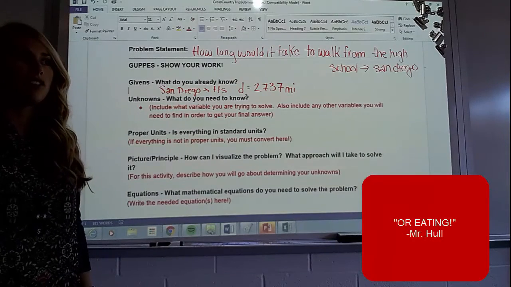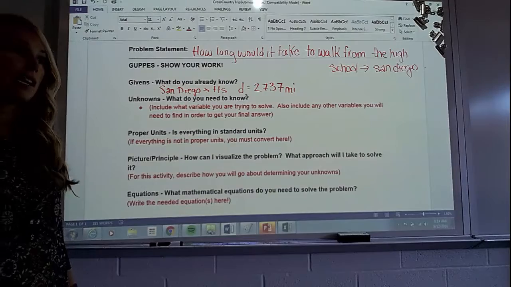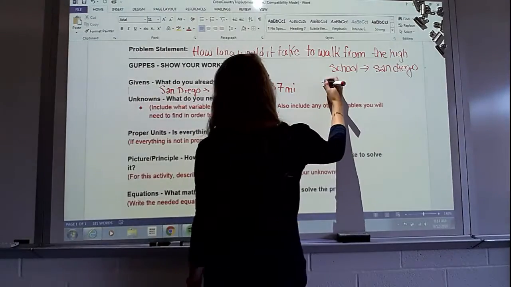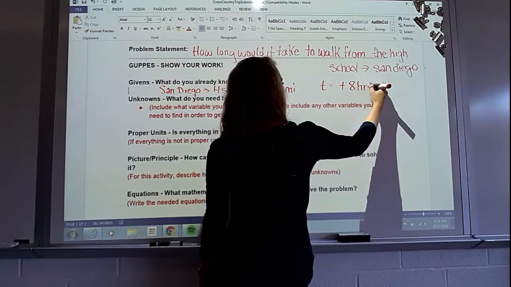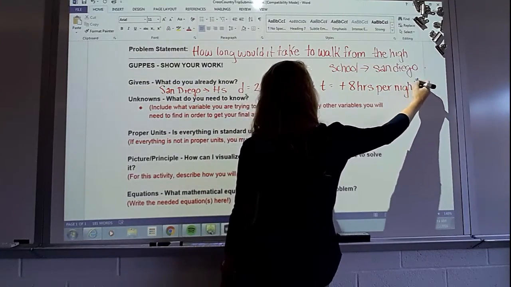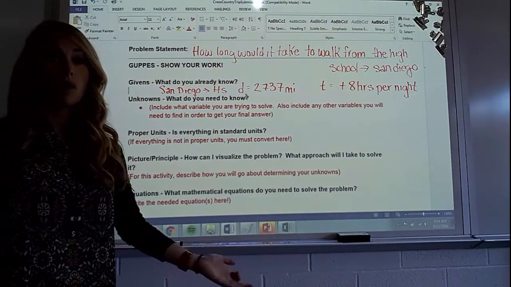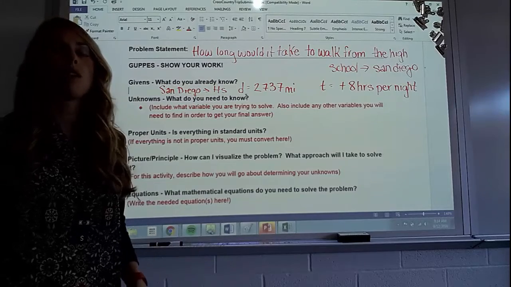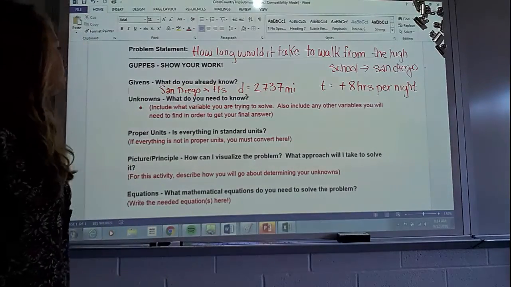So I'm going to imagine that I'm going to be adding 8 hours of sleep per night of my trip. So once I figure out the time it's going to take me, if I were able to walk straight through, I can break it up into days and add those 8 hours for each day.